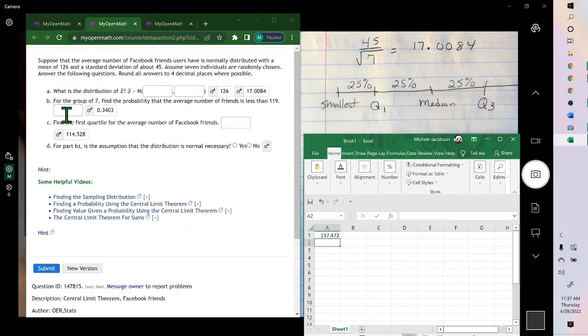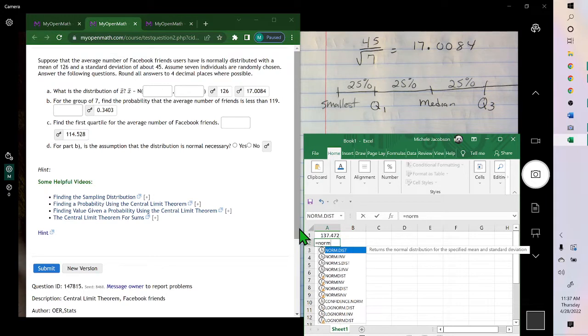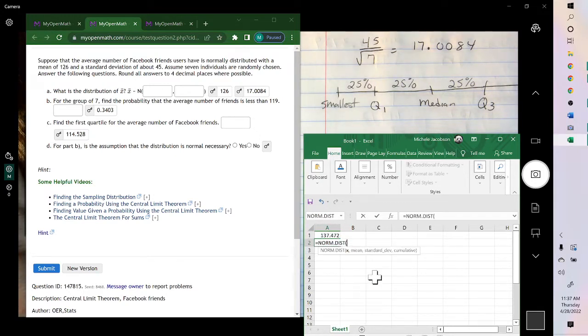For this number, or B, it's still from the group of 7. Find the probability that the average number of friends is less than 119. So that would be equal, whoops, norm dist. This one's the distribution because they're giving us the number.